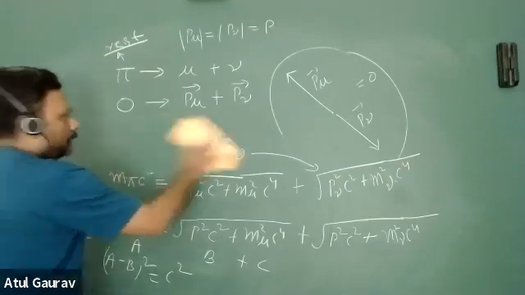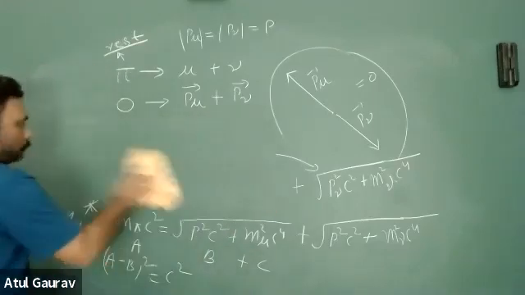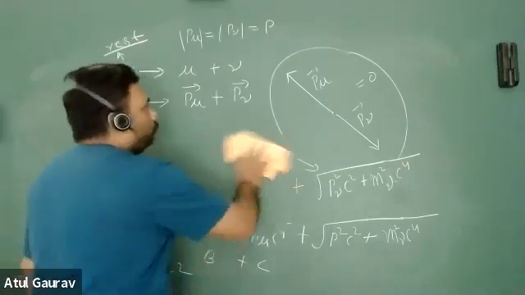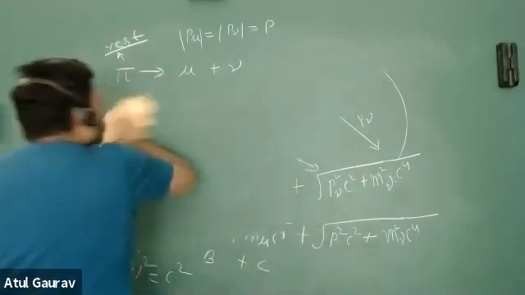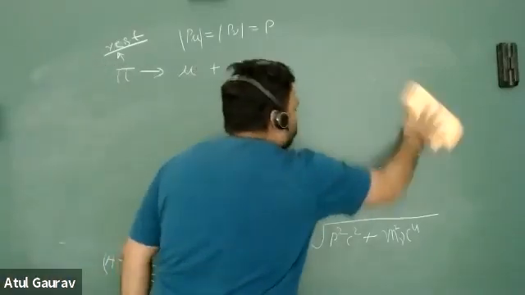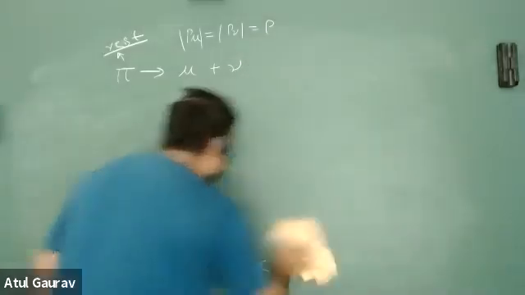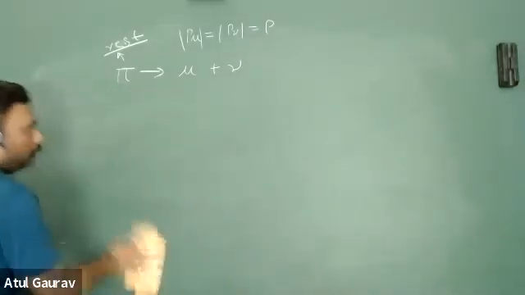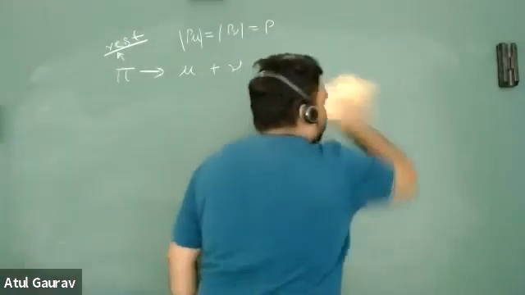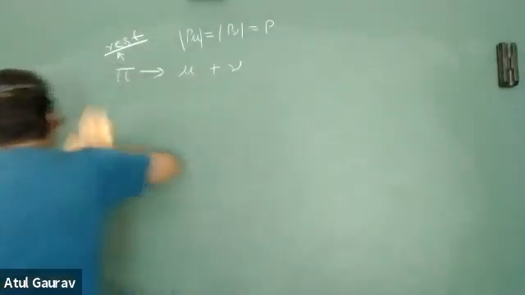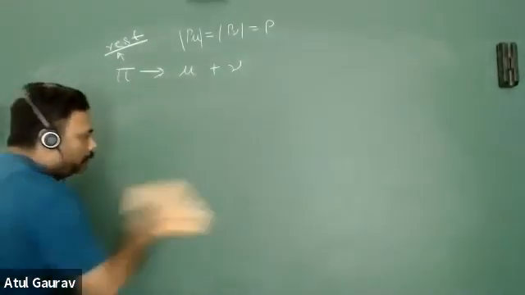So this is very interesting. This trick you should always remember when this problem comes in your exam. Otherwise, it will take at least 40 minutes to calculate each and everything.